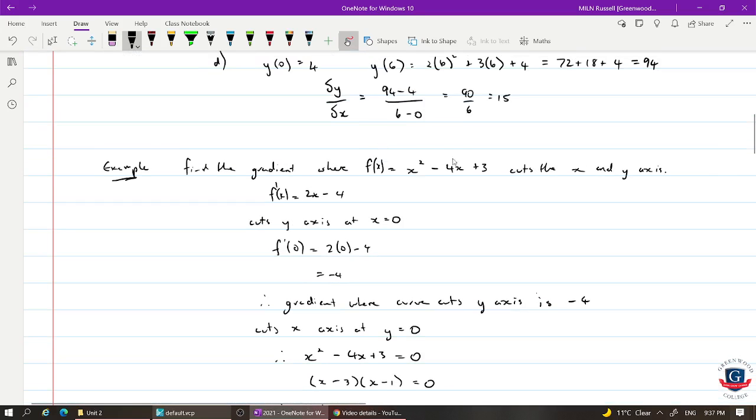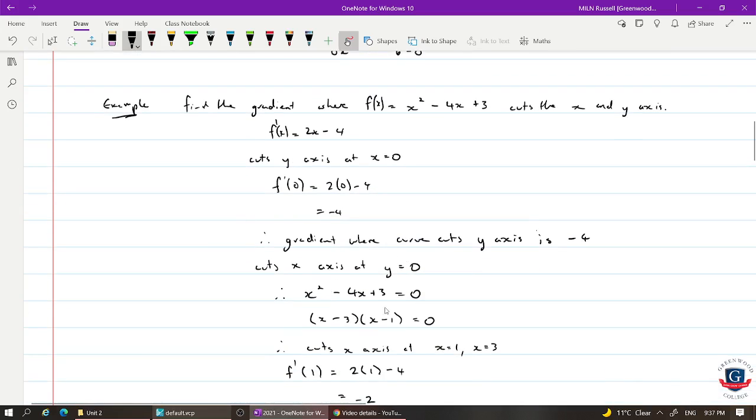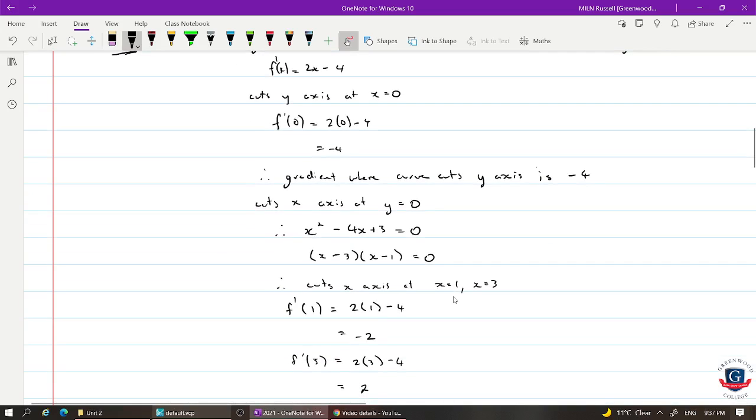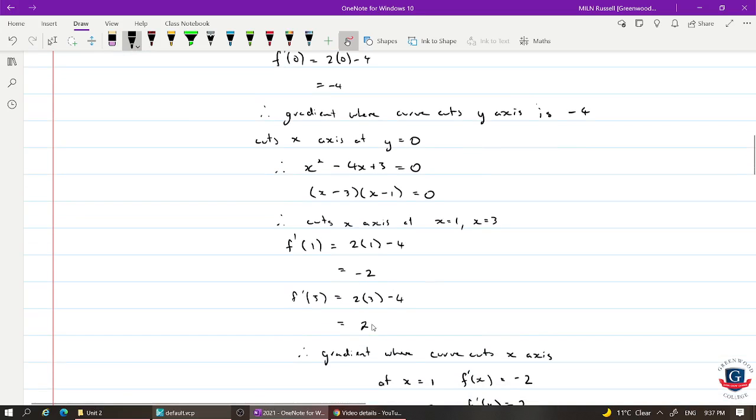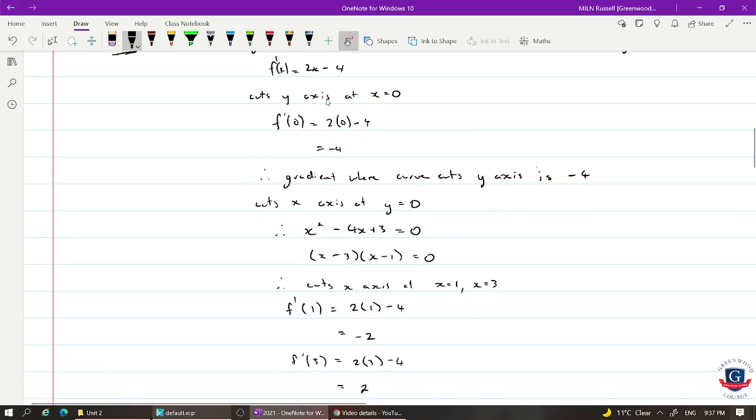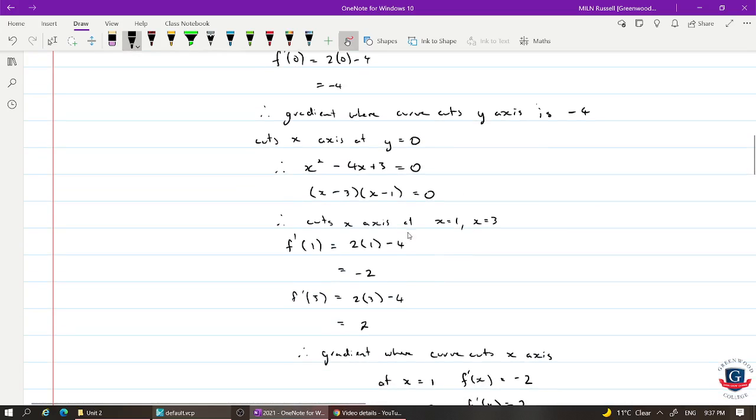So we take this equation here, equate it to 0, factorize it, solve it, and we get x equals 1 and x equals 3. Substitute those into the first derivative, and we'll get negative 2 and 2, this being the first derivative.